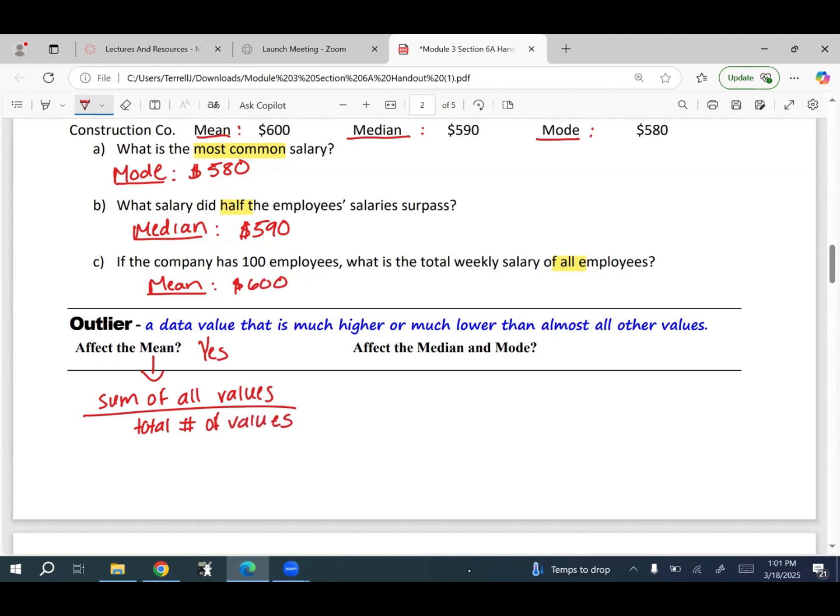So yes, because I'm summing all the values, if the data set contains an outlier, the mean will be affected. Whereas for the median and the mode, remember the median is the middle number and the mode is just the number that occurs most often. An outlier, meaning an extremely high or low value, will not affect the median or mode. Those are not measures of center that take into account all data values. So it will not be affected if there is an extreme value in your list.